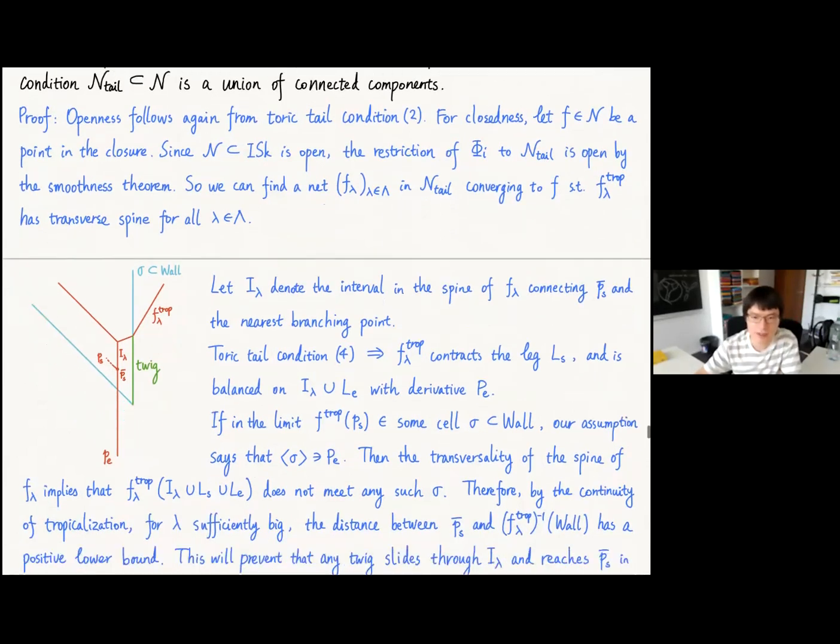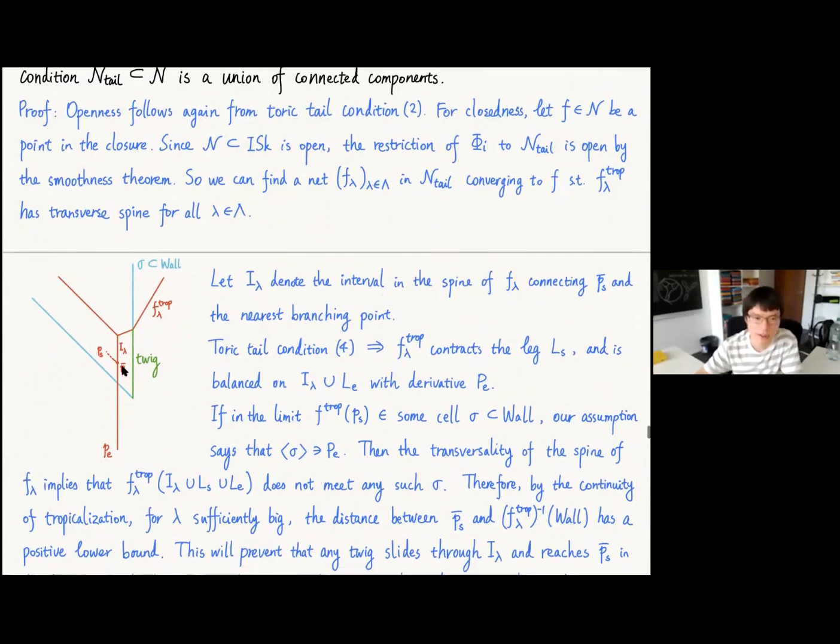Therefore, by continuity of tropicalization, for lambda sufficiently big, the distance between PS bar and the pre-image of all walls has a positive lower bound. Since when it's out of the wall, it's just parallel to the wall.